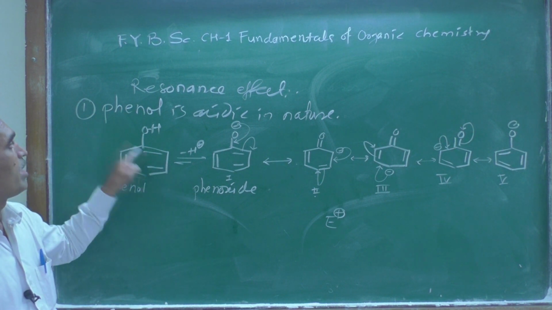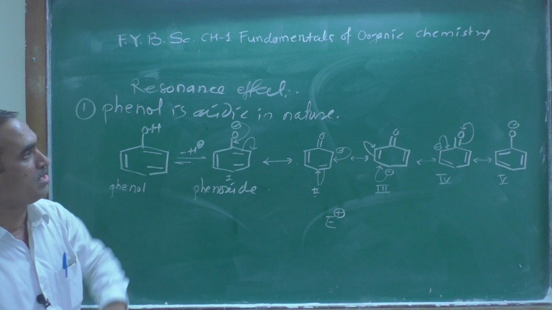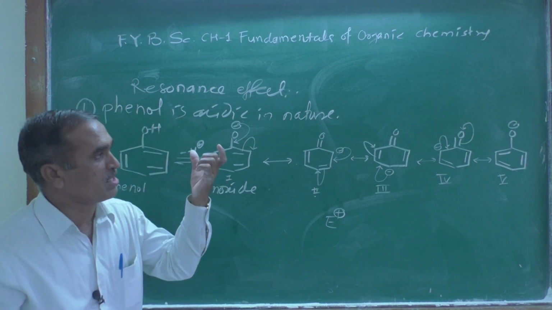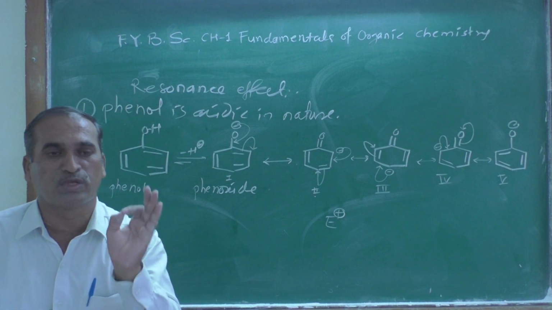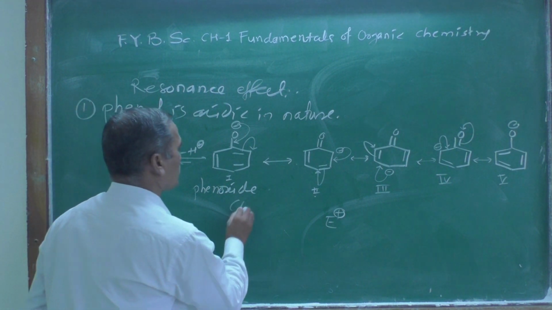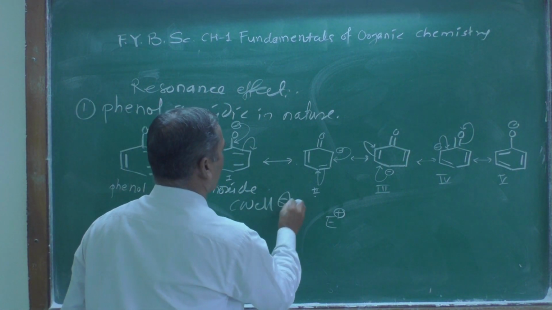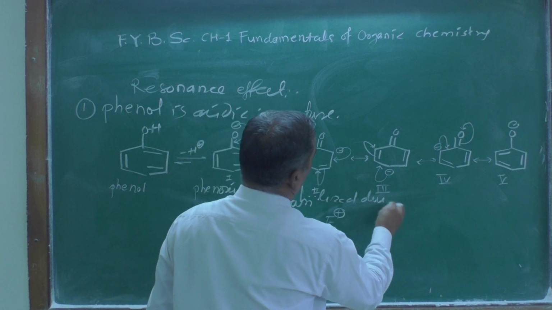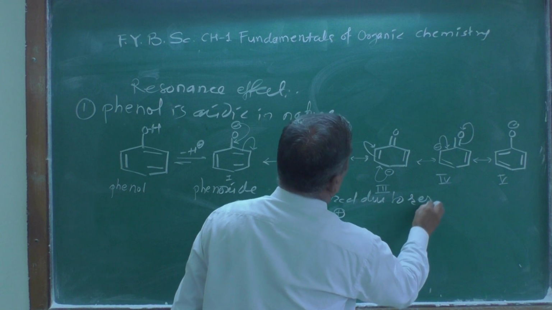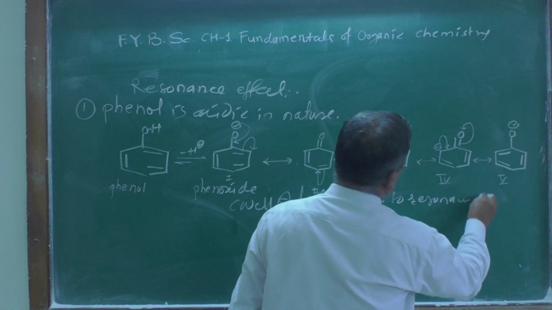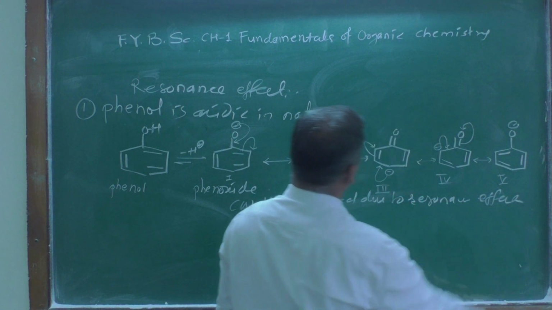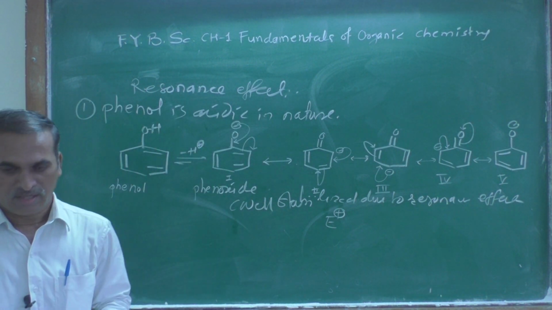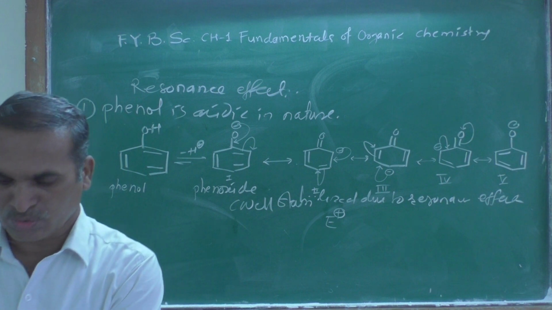So that's why phenol is acidic in nature, because the phenoxide ion is well stabilized due to the resonance effect, and that's why phenols are acidic in nature. That is the answer to this question.